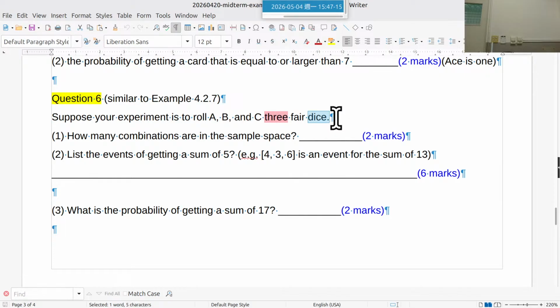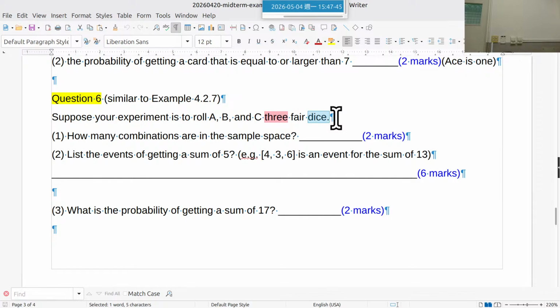List the events of getting a sum of 5. We have 3 dice, and we list the events here. For example, an event for a sum of 13 would be 4, 3, 6. Because we have A, B, C, 3 dice, 4, 3, 6 is not equal to 3, 6, 4. Why?